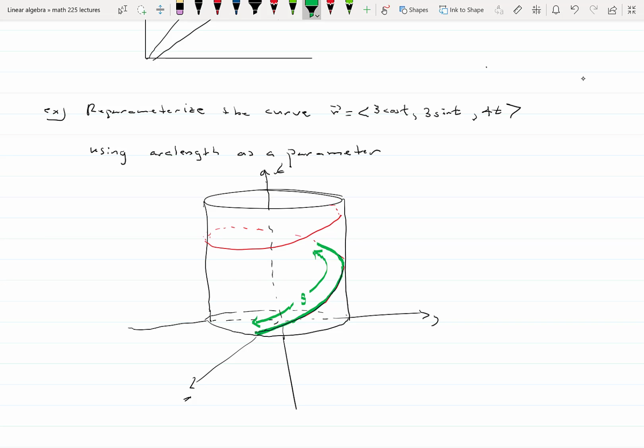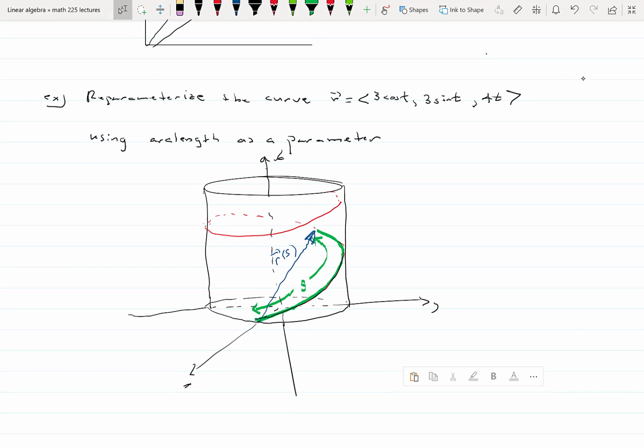So if I specify a given arc length along the curve, I would like to be able to find immediately a position vector to where I end up on the curve. I would like the position r as a function of s, not as a function of time.